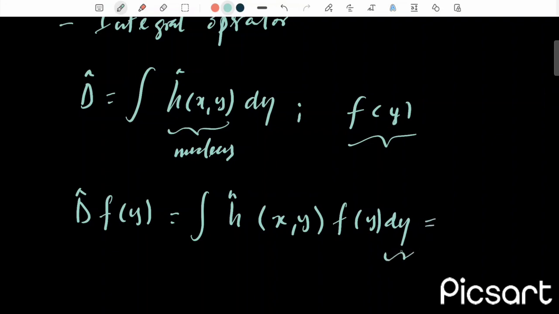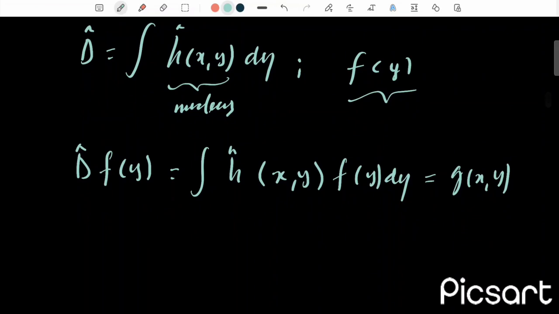As we can see, we are integrating with respect to y, and we get a function g of x and y.